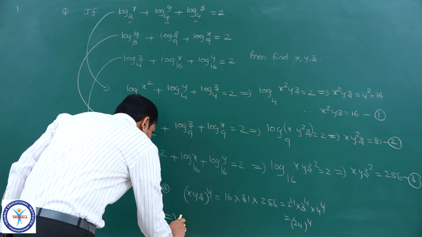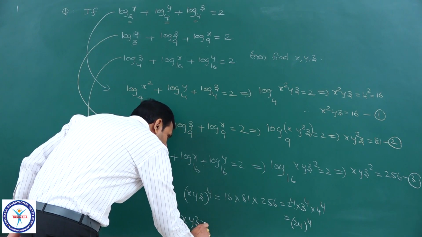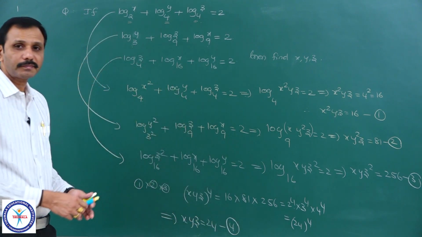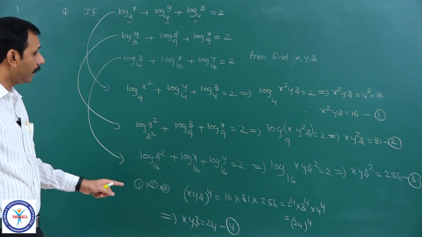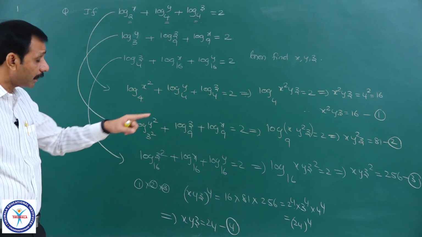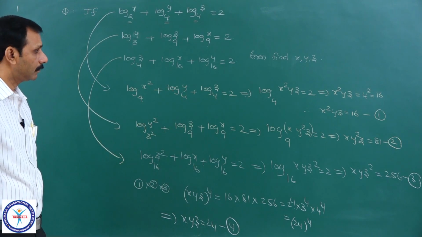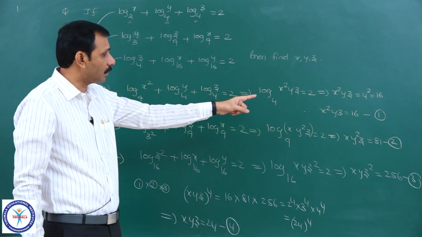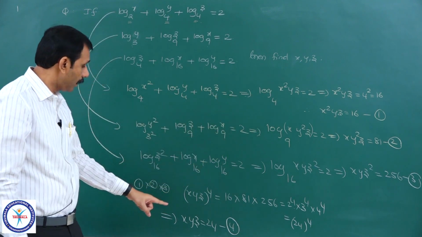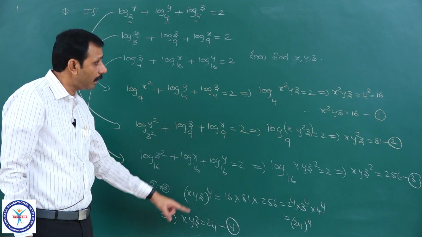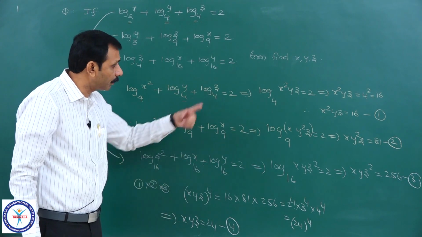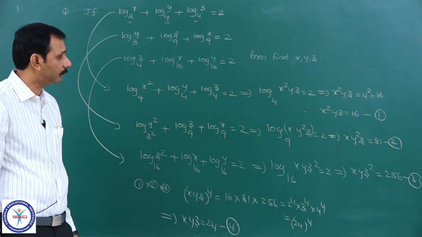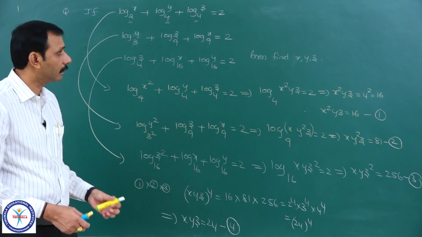That implies x, y, z is equal to 24, equation 4. Now, I need x comma y comma z from these 4 equations. Now, see, in equation 1 x square yz is there, in equation 4 x yz is there. Either you substitute this value there or divide 1 by 4. You will get the x value directly.